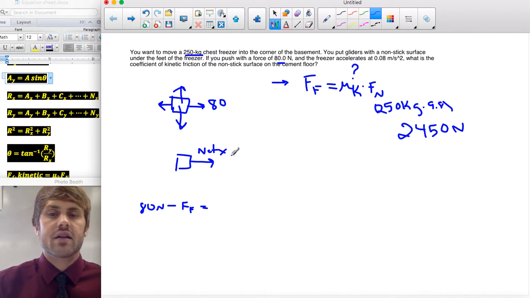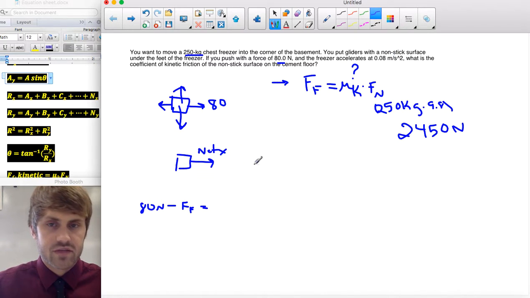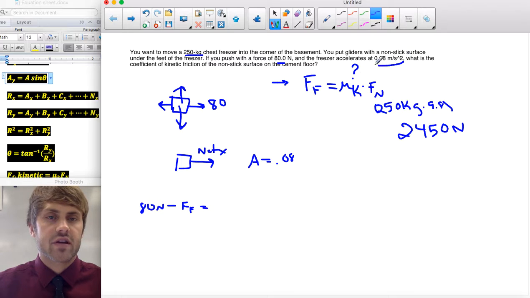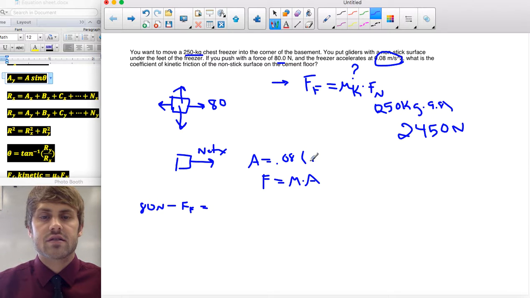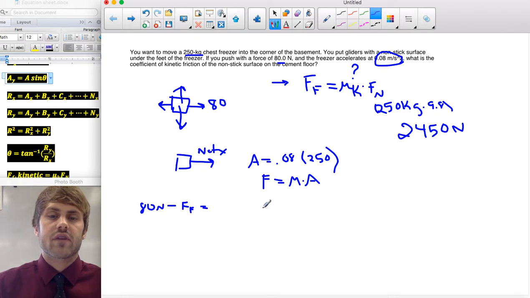So my net force gives me an acceleration equal to 0.08 meters per second squared, and we found that right up here. So if I know that force is equal to mass times acceleration, and I know my mass to be 250 kilograms, I can take 0.08 times 250 and find out that I have a net force of 20 newtons.